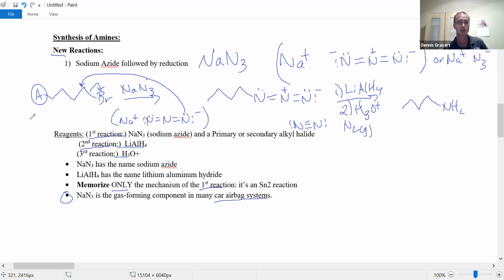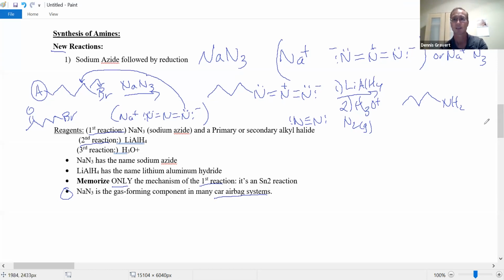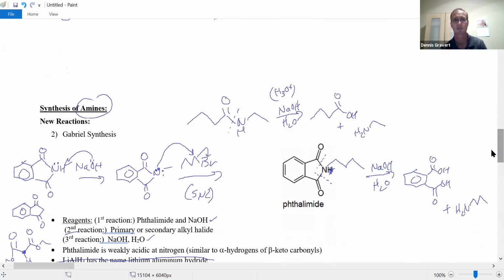Yeah, so let's say there's a ketone or something like that. Well, sodium azide will attack the primary halide, but then you have to use lithium aluminum hydride, and that'll reduce the ketone. It's like, darn it, maybe you don't want that to happen. So instead of using the sodium azide reaction, use a Gabriel synthesis.